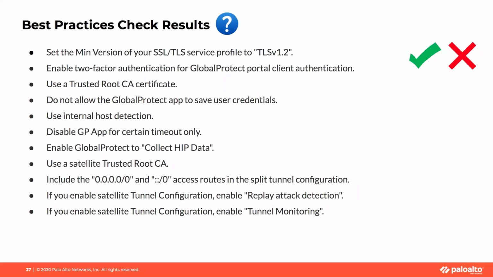Enable GlobalProtect to collect HIP data. Both David and Dan touched on this before. HIP checks are host information profile. This essentially gives you the ability to interact with devices for checking things like security patches, antivirus definitions, disk encryption, validating what software is installed.